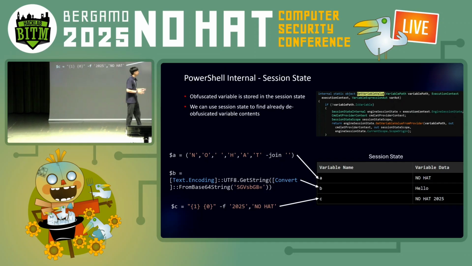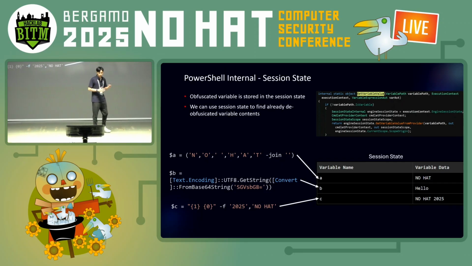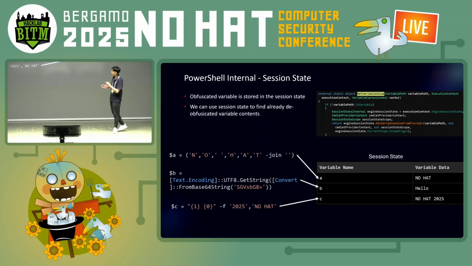So here are 3 examples. We use dynamic obfuscation types like the join operator and base64 and the format string. And after that, entering into variable A, variable B, and variable C, the session state will store the de-obfuscated string, the de-obfuscated data.